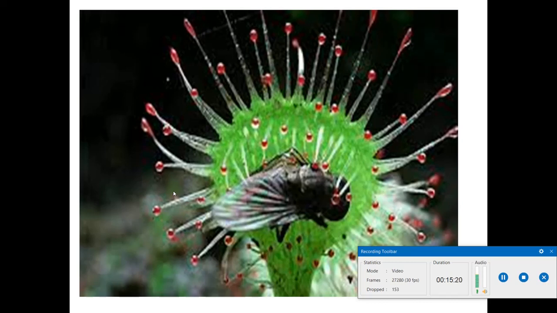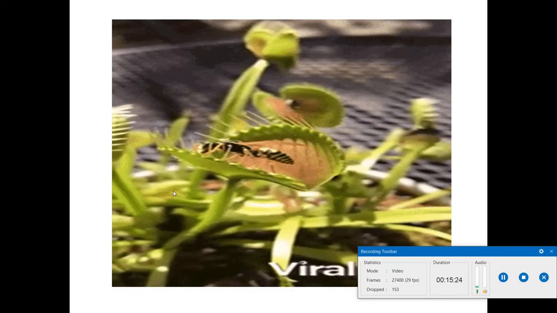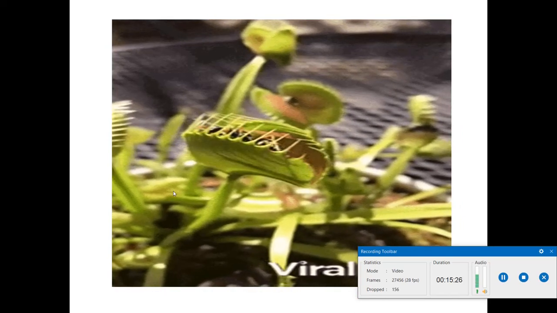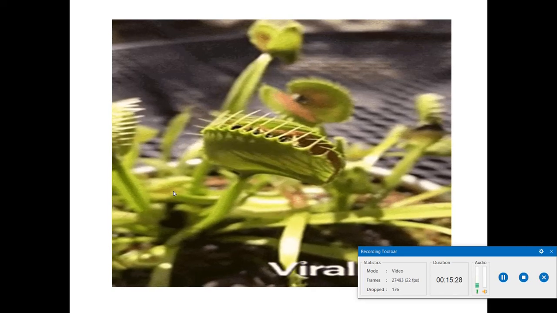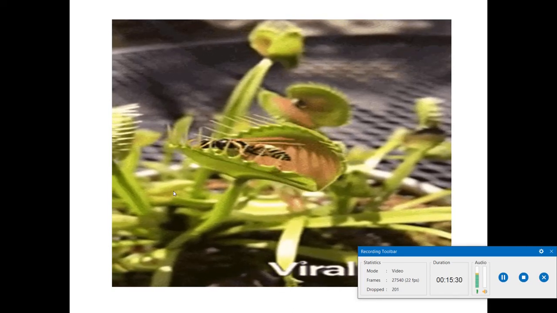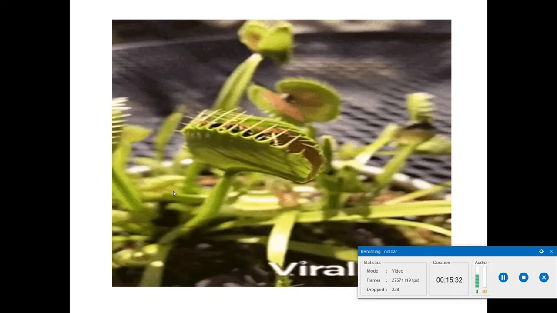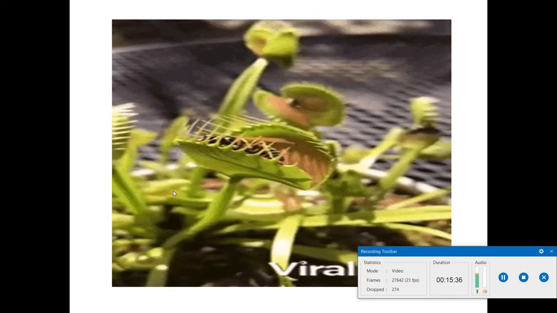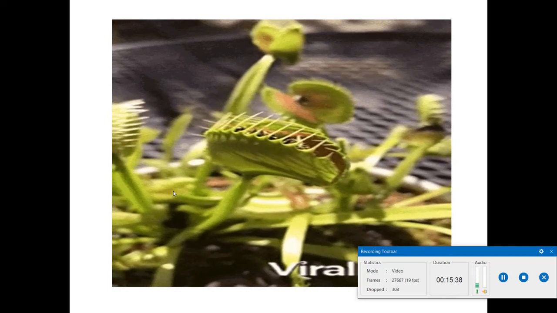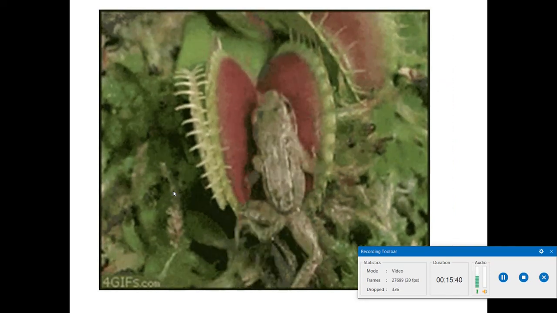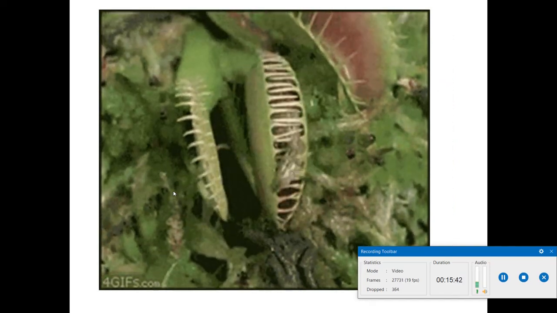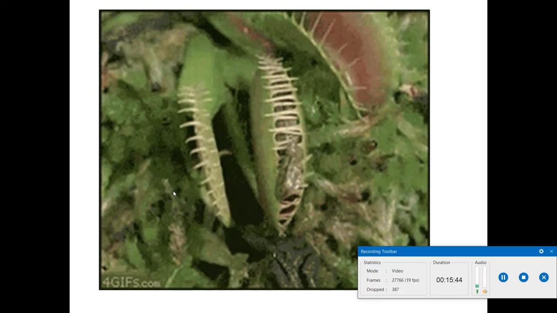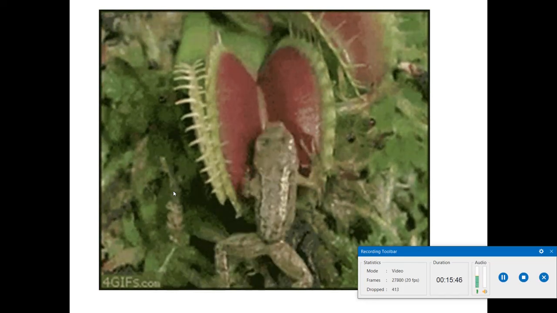One plant is eating the insect. Here again, look at the picture. The plant is capturing the insect, eating it, digesting it. Again, look at the picture here. Oh, the plant is eating a frog.